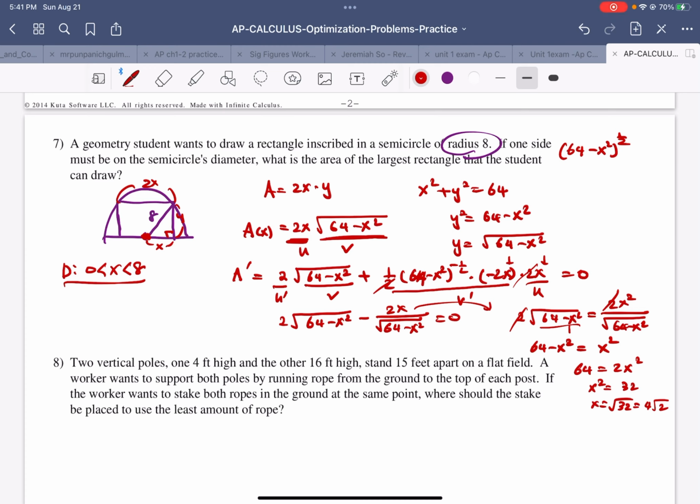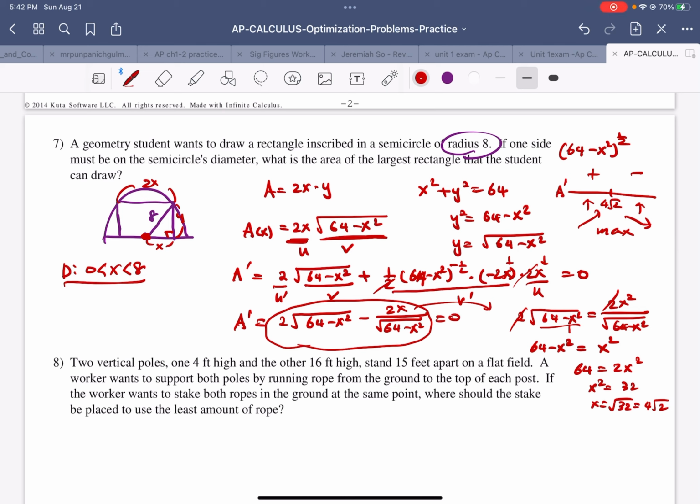So A prime, and then you put 4 root 2, and then you pick any number on each side and check A prime. You plug it in, then you will see that it's positive and negative, so going up, going down, so you're going to have a max. That's the maximum area. So you can justify your answer like that.